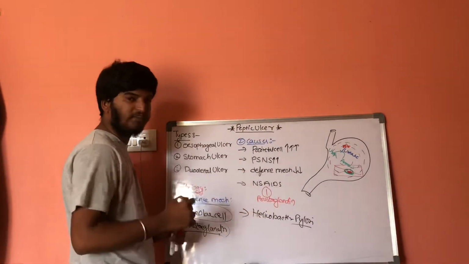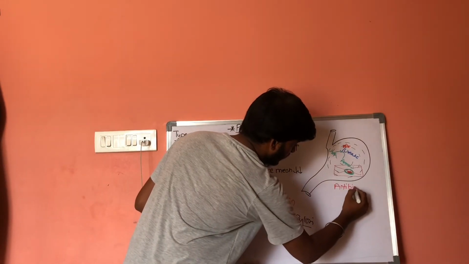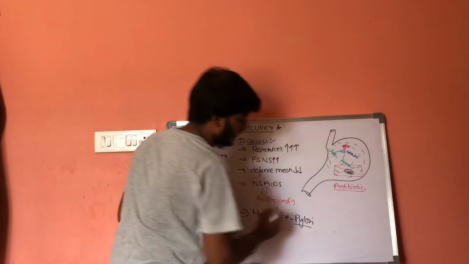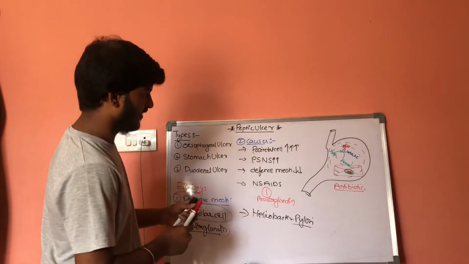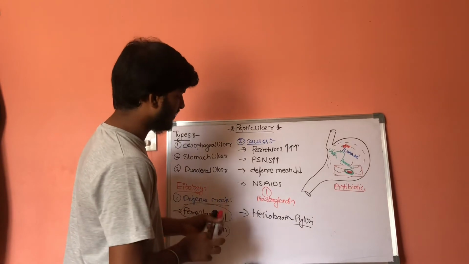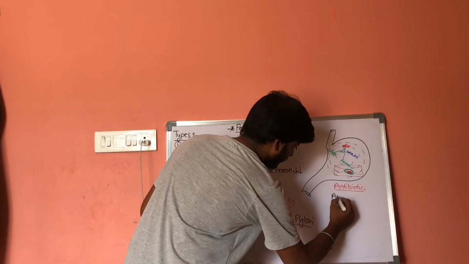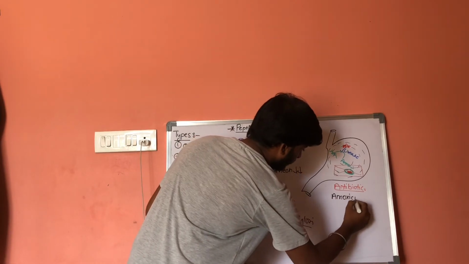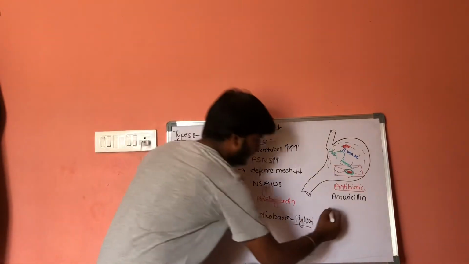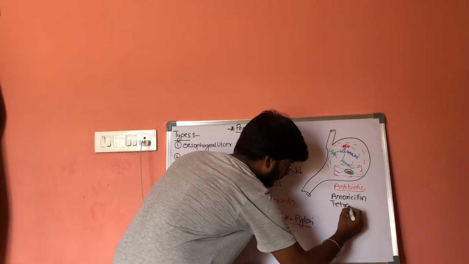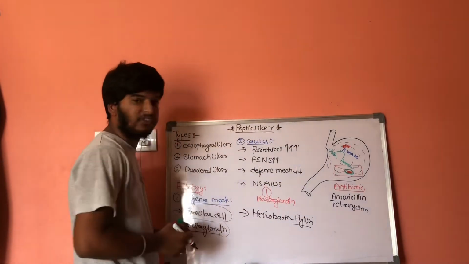There is a special group of drugs called antibiotics. So, what are the antibiotics called? First one is amoxicillin, and second one is tetracycline. Next one is clarithromycin.